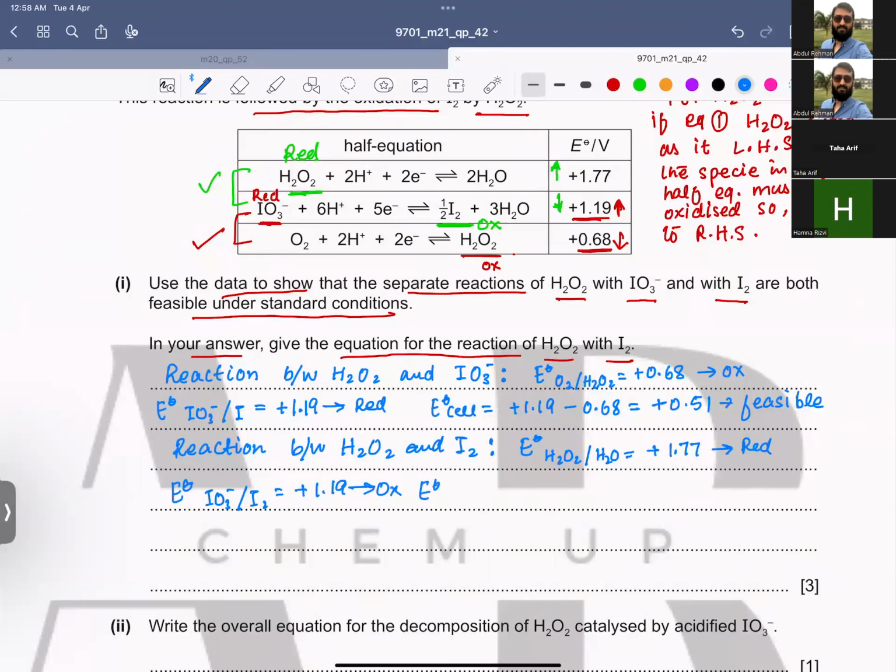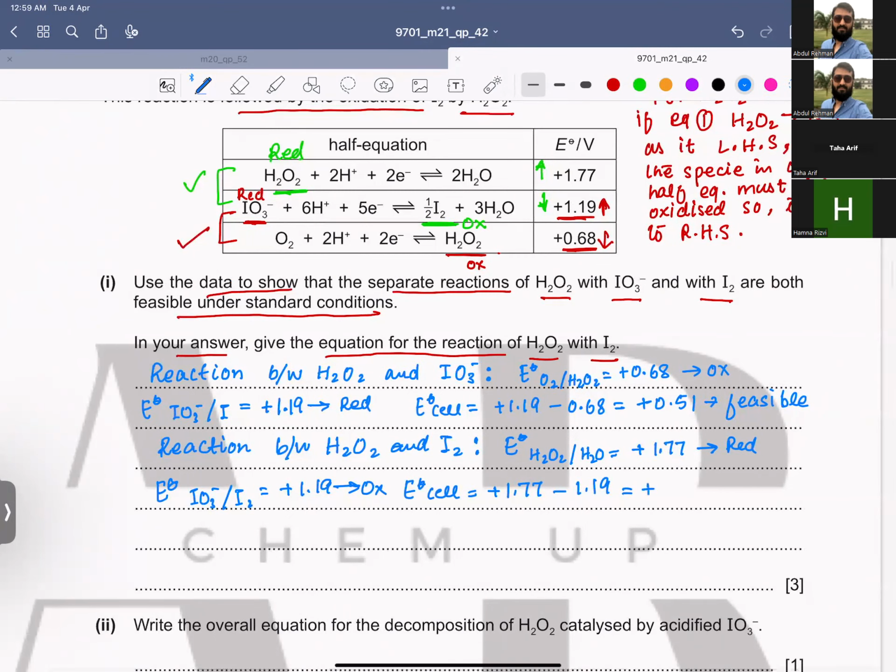So if I find the E naught cell, reduction 1.77 minus oxidation 1.19. Can I have the answer, please? Positive 0.58. So it is also feasible because we are getting a positive value.